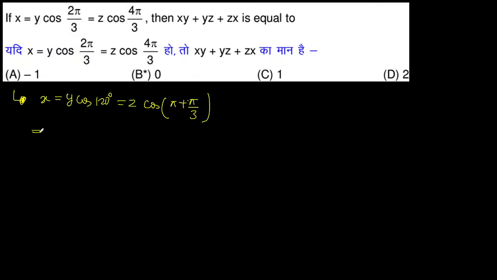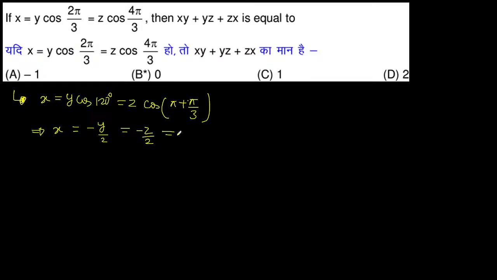This is 90 plus 30. So cos 90 plus theta is minus sine theta, which is minus y by 2. Pi plus pi by 3 is minus cos pi by 3, which is nothing but minus z by 2.